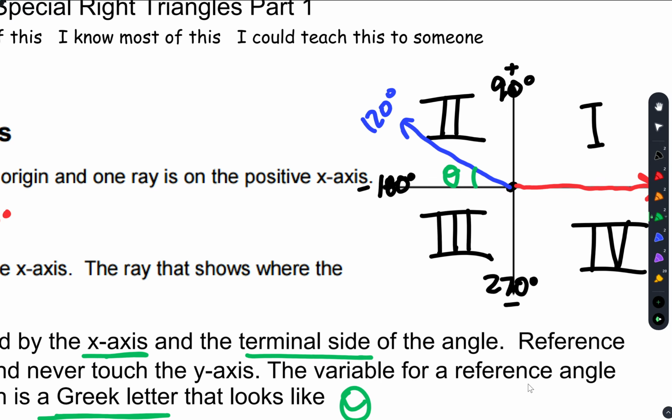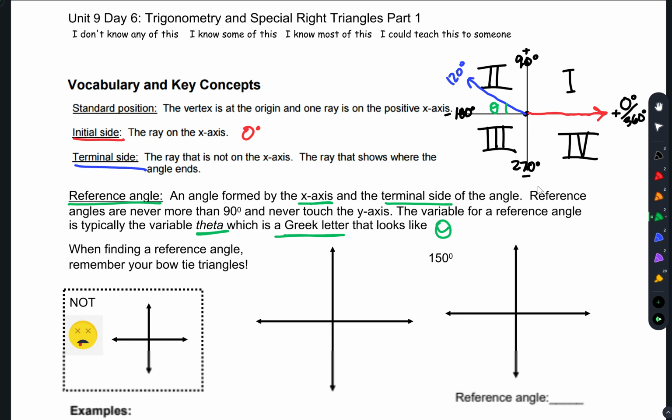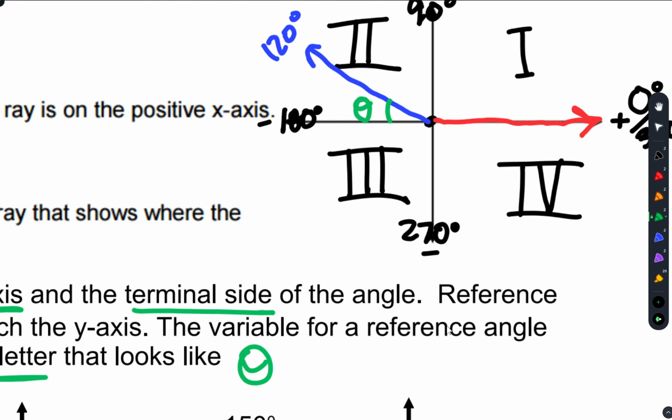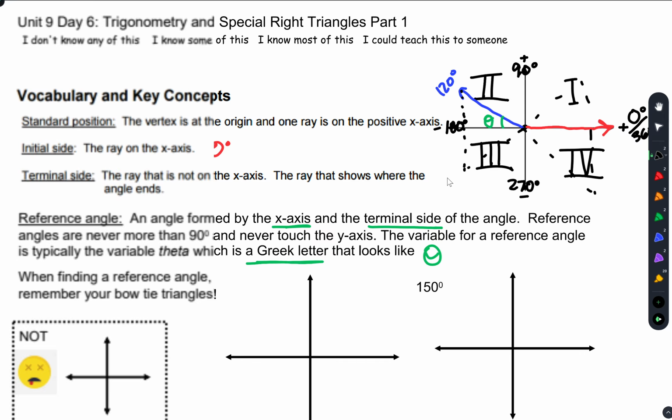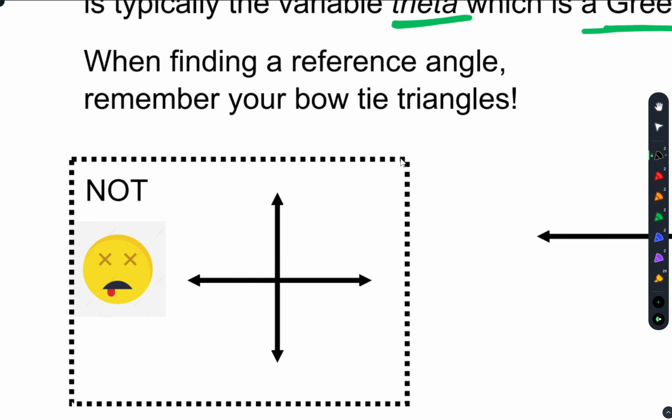Otherwise, how I remember this is we are going to be drawing kind of like bow tie shapes. So if you think about this angle, and you don't have to copy this, but imagine that this is a bow tie. Okay, we'll have kind of a bow tie shape. Maybe you can see that, maybe you can't. I'll do another one in a second. But when finding your reference angle, again, remember your bow tie triangles.